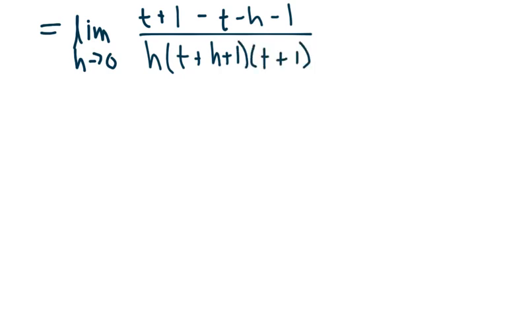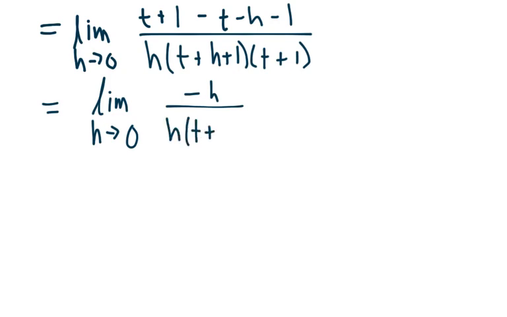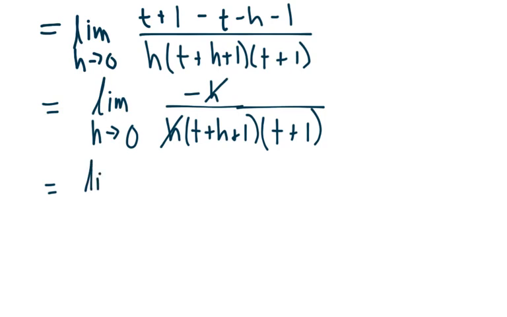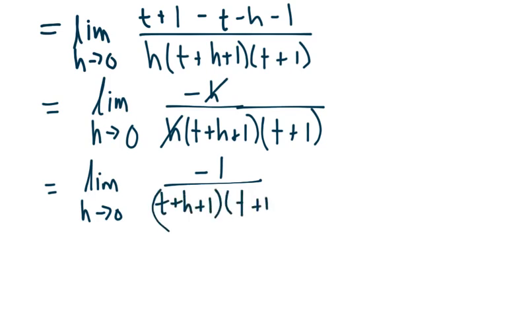And now you can see that we get quite a bit of nice cancellation in the numerator, so this simplifies down to just minus h over h times t plus h plus 1 times t plus 1. The h's will cancel, and so we have the limit as h goes to 0 of minus 1 over t plus h plus 1 times t plus 1.